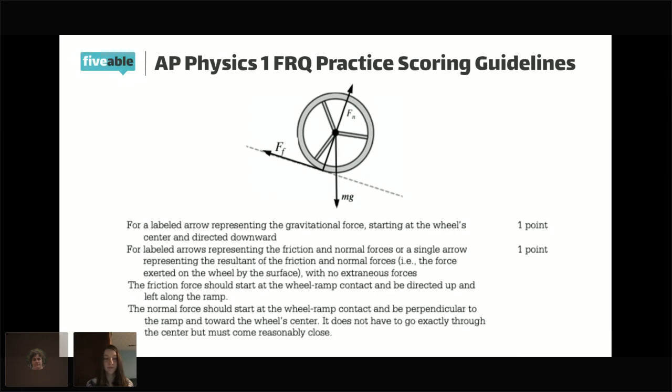So to continue, the force of friction. A lot of people's thought process here is that the force of friction acts opposite to motion and it's going down the ramp. But in the case of a rotating object, that's not necessarily true. The wheel is rotating clockwise as it goes down the ramp.